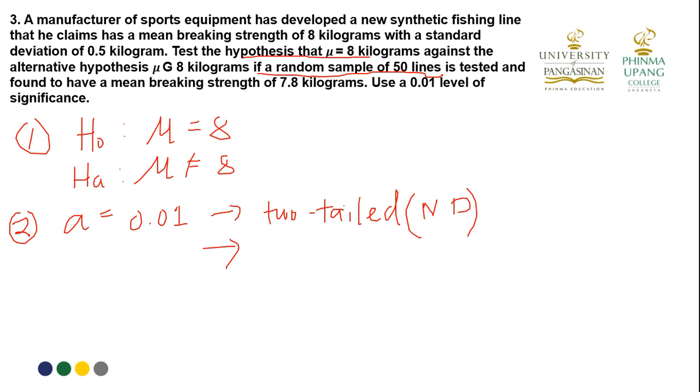Yes, should be z-test because 50 is the sample size. Right? The sample size is 50. Uh-huh. So, nandun yung random sample na nandito rin yung breaking strength of 7.8. Okay? So, since yung sample size is nasa 50 lines and the mean ng sample, so ano si 7.8?